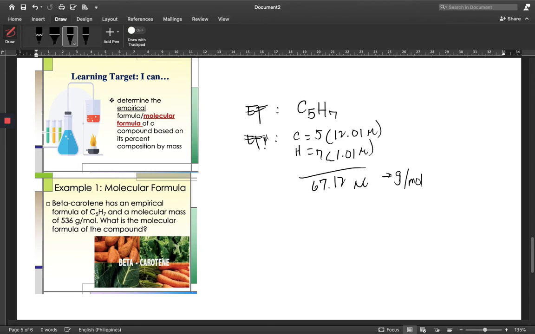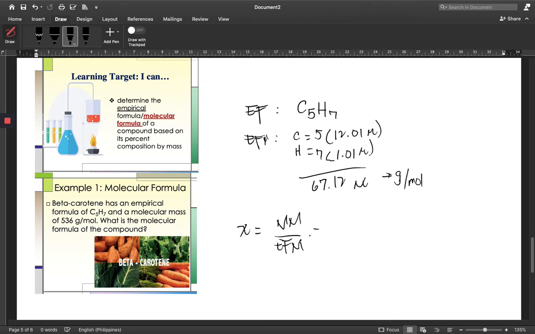Now that we have our EFM, all we need to do is to find our multiplier, okay? Again, it is equal to the molecular mass, MM, divided by our EFM.